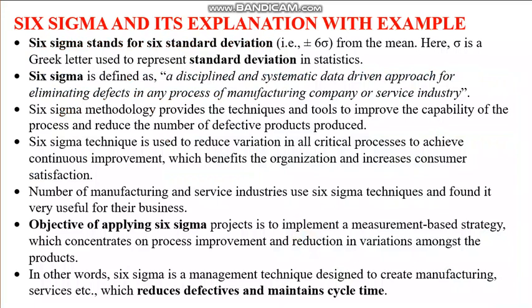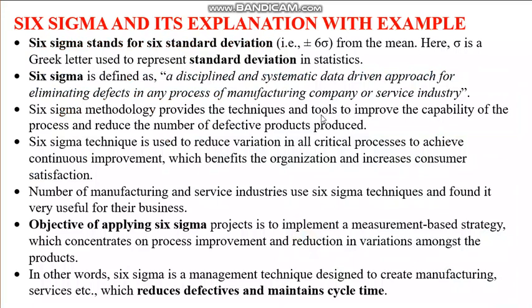Six Sigma is defined as, here another definition is given. It is a disciplined and a systematic data driven approach for eliminating defects in any process, whether it be manufacturing company or service company. Okay, then Six Sigma methodology provides the techniques and tools to improve the capability of the process.